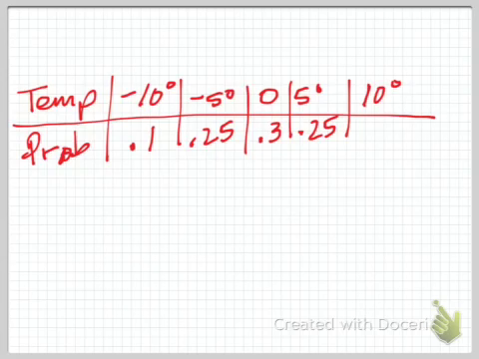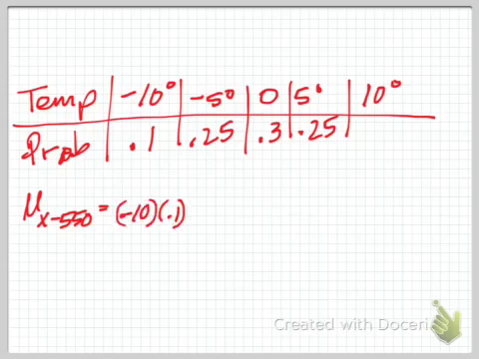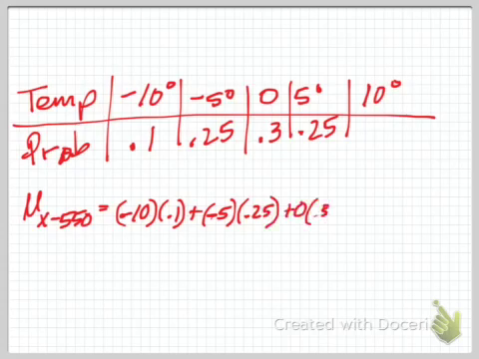And 560 would be 10 degrees over. Then we'll find this average. So the mean of X minus 550 will be negative 10 times 0.1 plus negative 5 times 0.25 plus 0 times 0.3 plus 5 times 0.25 plus 10 times 0.1.